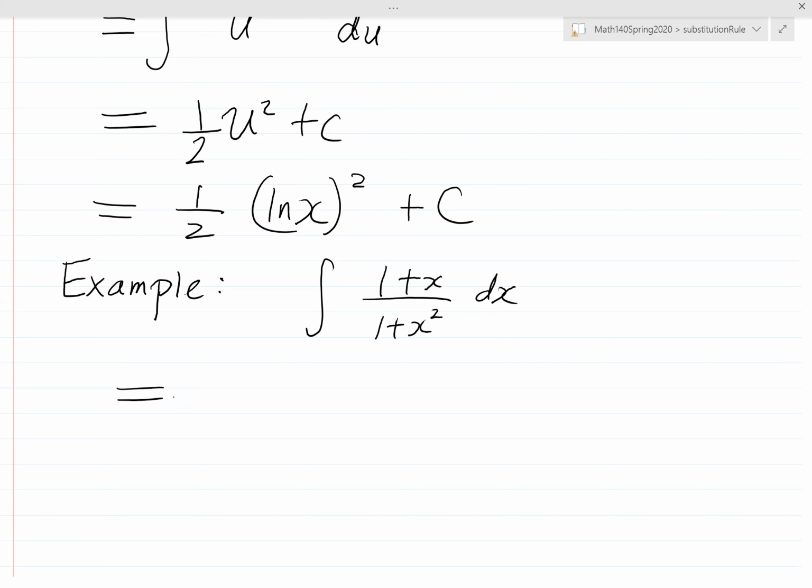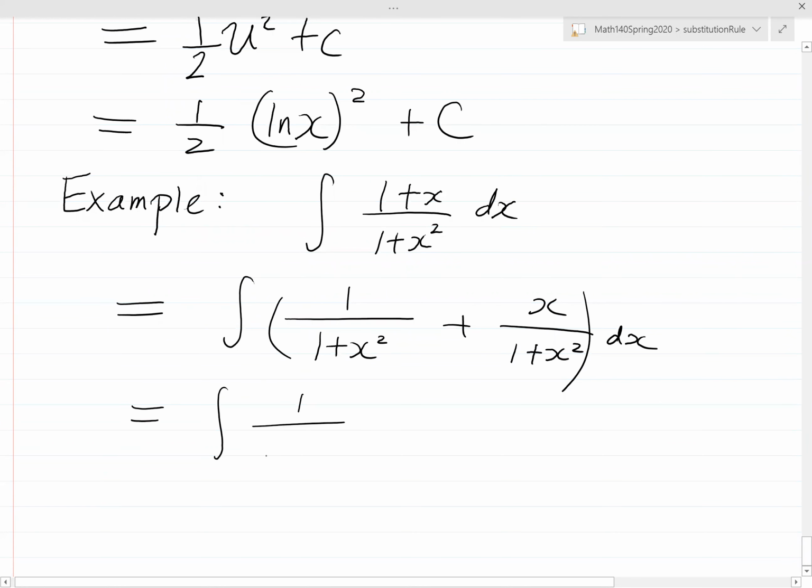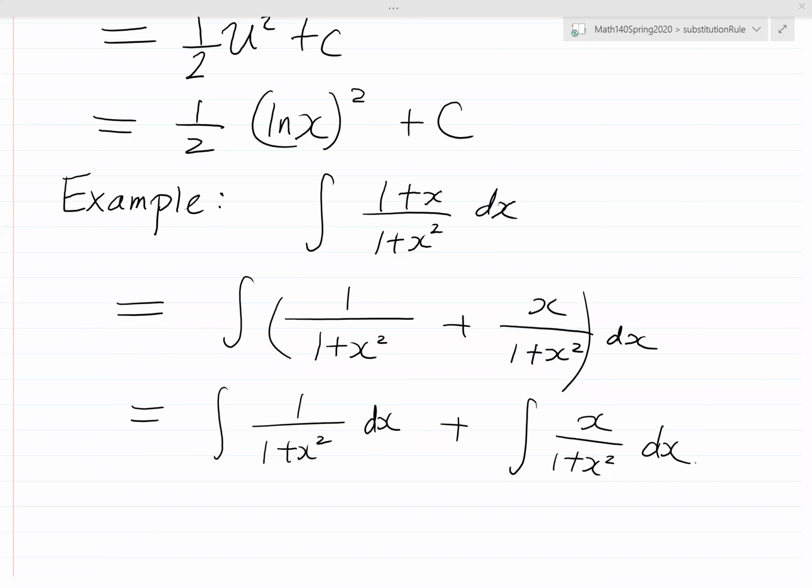So we split the terms, and according to the linear property, we can distribute.